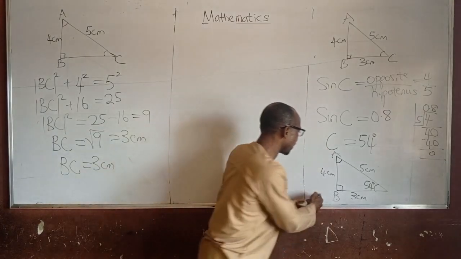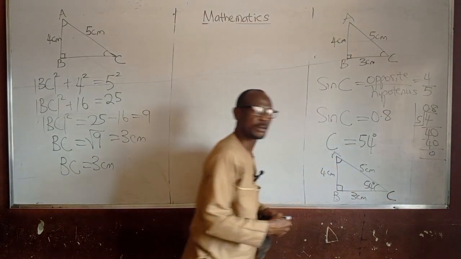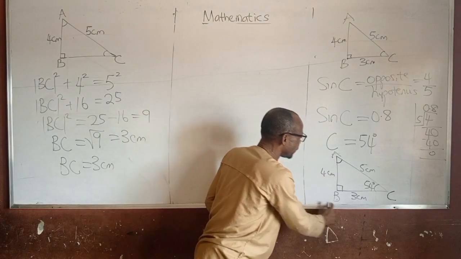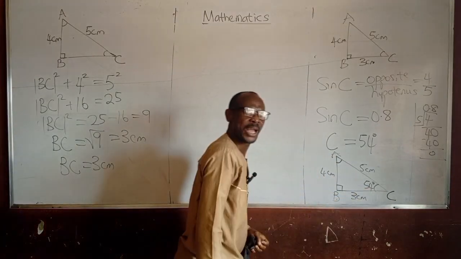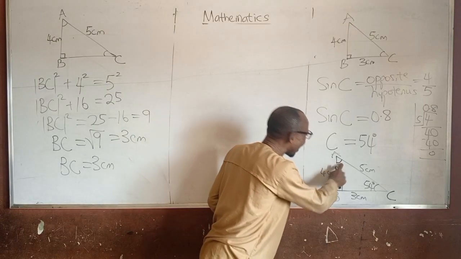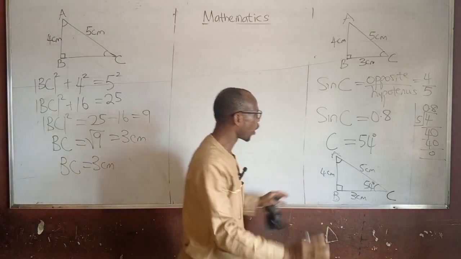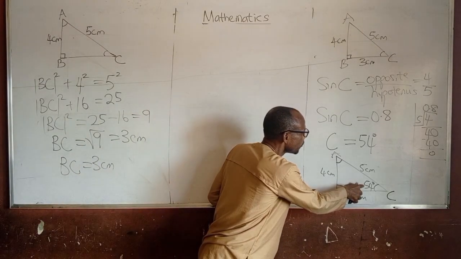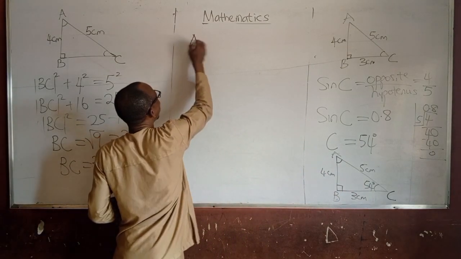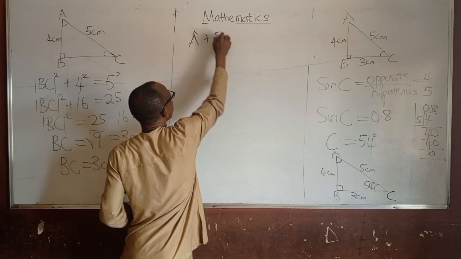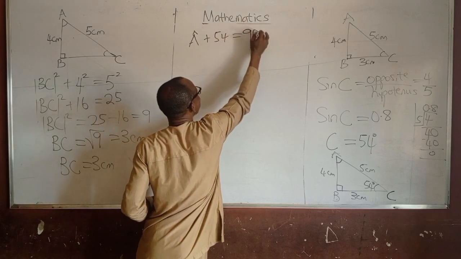A, B, C. Now from this triangle ABC now, we don get this angle C to be 54. How we go take get this angle A? It's just for us to subtract 54 from 90 degrees. So we now say our A plus 54 equal to 90 degrees.